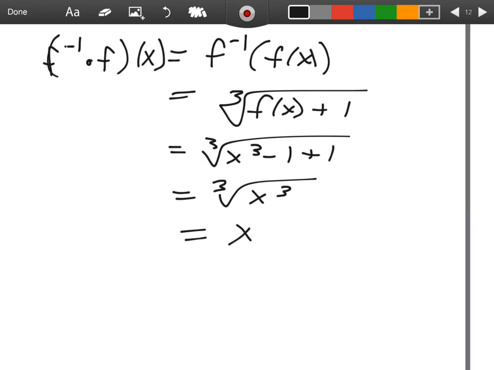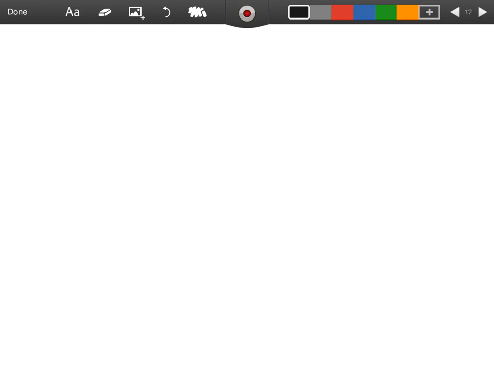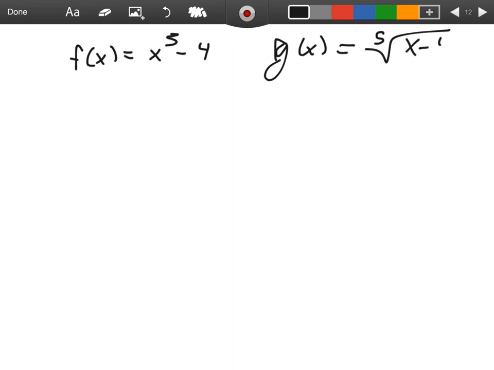So say you're given two functions. Say f of x equals x to the fifth minus 4, and g of x is the fifth root of x minus 4, and you want to see if they're inverses of each other.